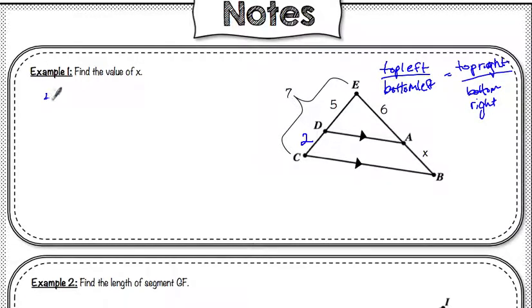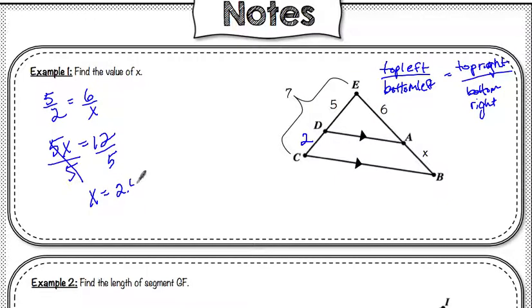So I'm going to do 5 divided by 2 and 6 divided by x. And then I cross multiply, so I get 5x equals 6 times 2 is 12, divided by 5. 12 divided by 5 is 2.4. So my answer is x equals 2.4.